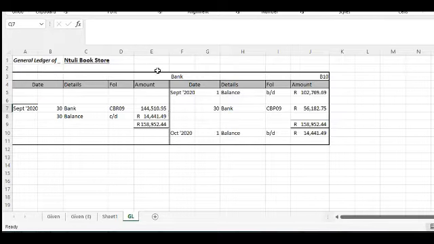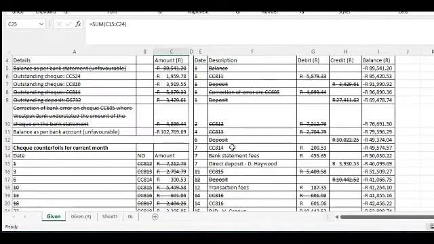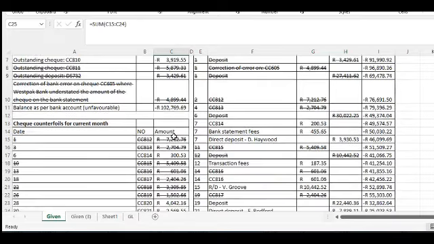So here we have bank and we have the following number. It is B10 and we filled in Tully's bookstore there. And so we start with the negative balance that we had at the beginning of the month. Where do we find it? Well, if you have a look at the previous month bank recon statement, we have an amount there of 102,769.69.